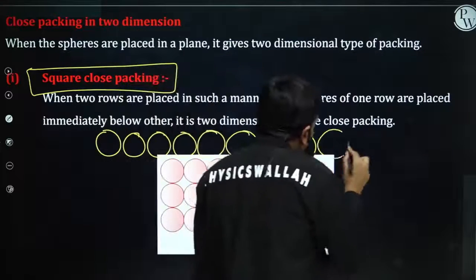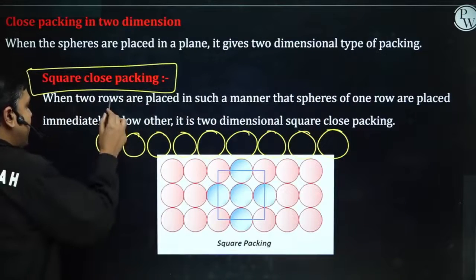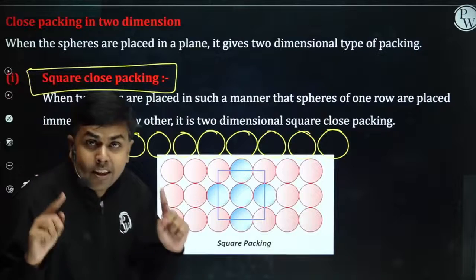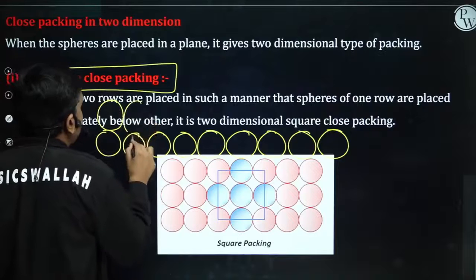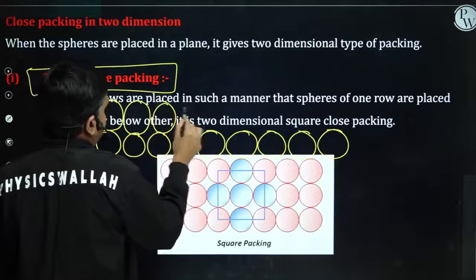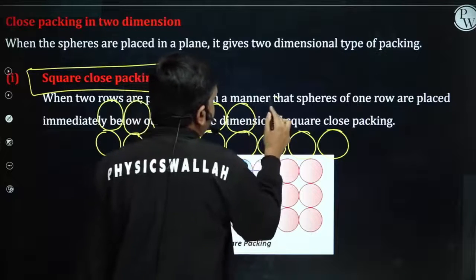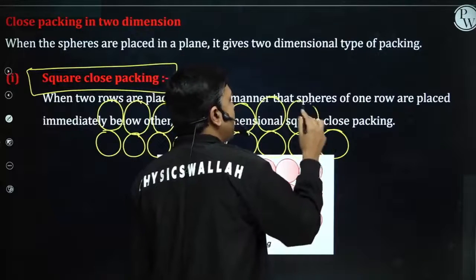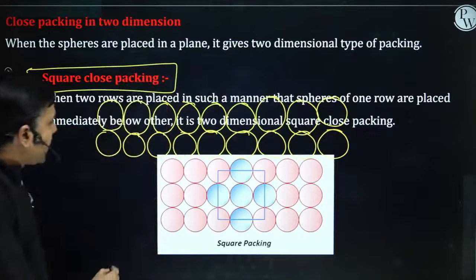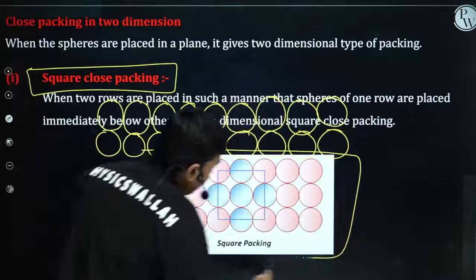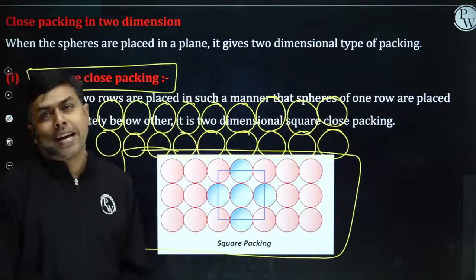Now the second layer, in case of square close packing, is exactly placed over the first layer. The second layer atoms are exactly placed over the first layer atoms. Am I clear? And in this way, you are going to have such type of packing. This is the perfect way of depicting square close packing.